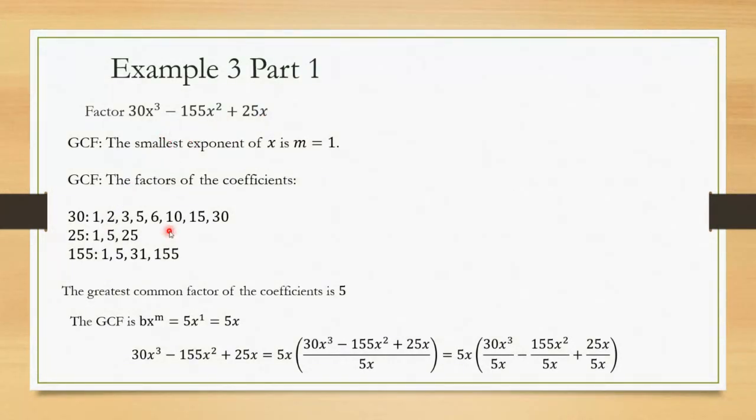If we list the factors of 30, 25, and 155, 155 turns out to be 31 times 5. But hopefully you can see that the greatest common factor among the coefficients is just 5.